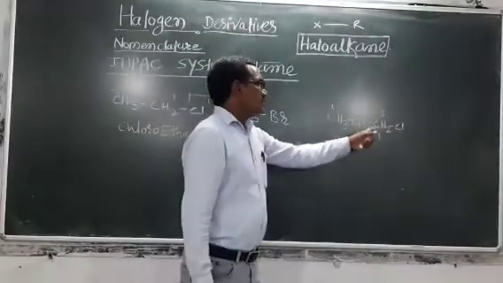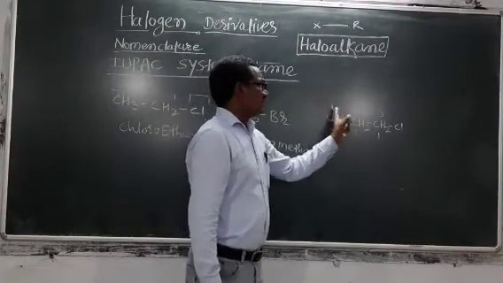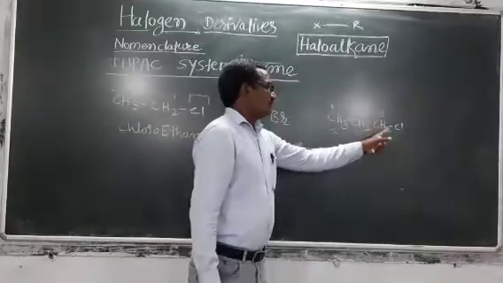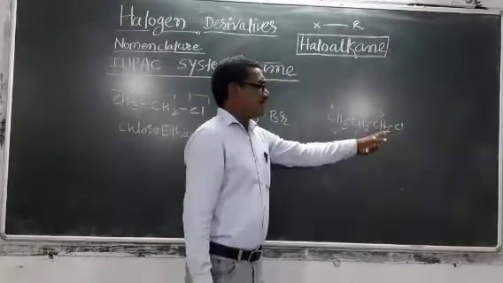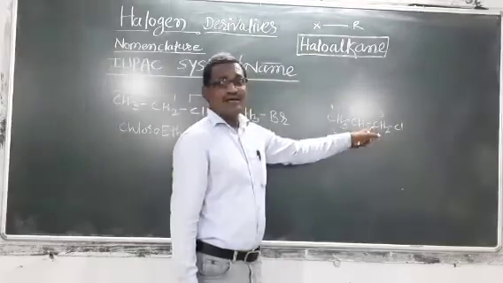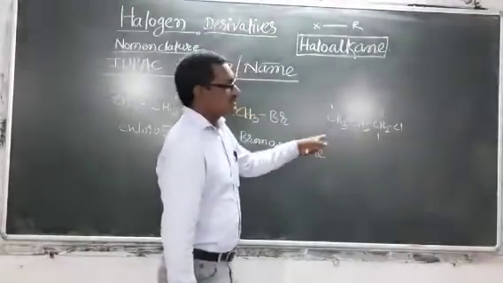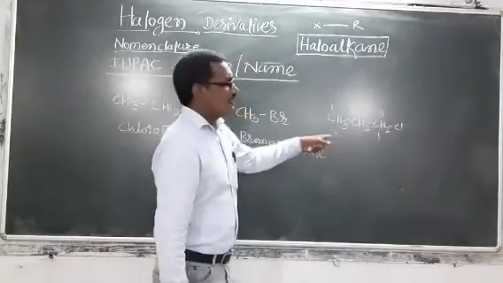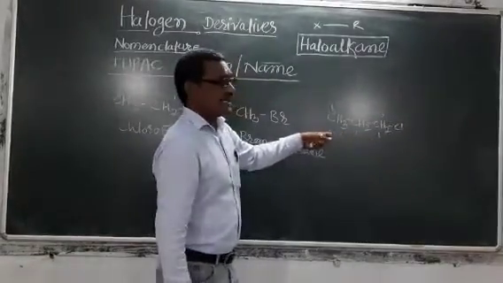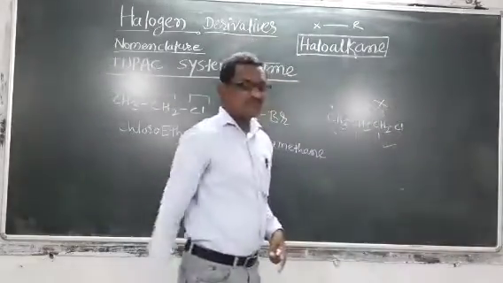Here, if we number 1, 2, 3, this carbon will acquire number 3. If we number this way, this carbon acquires number 1. So the lower numbering is correct. This numbering will be correct and this will be wrong.